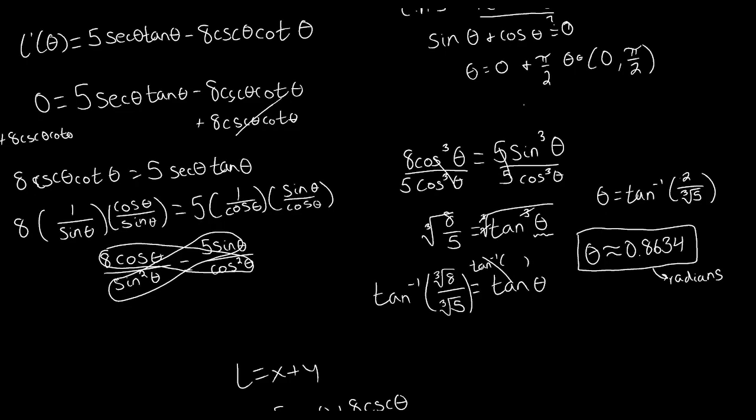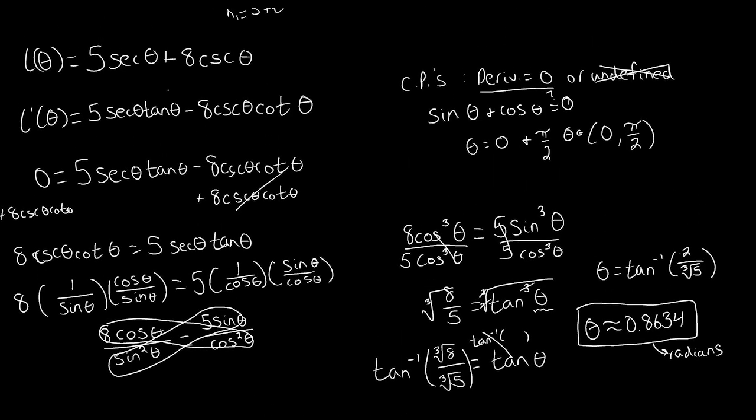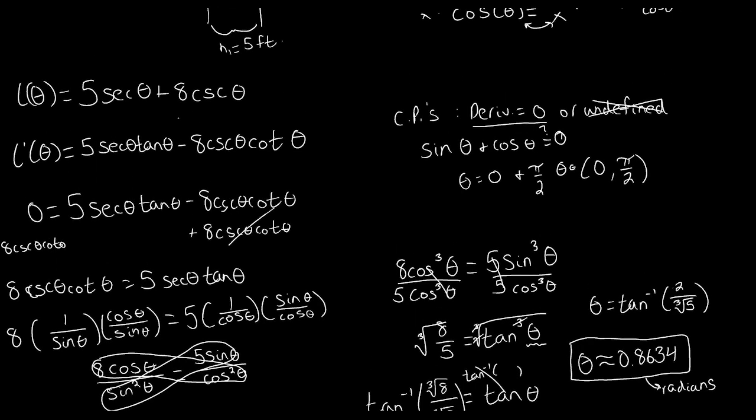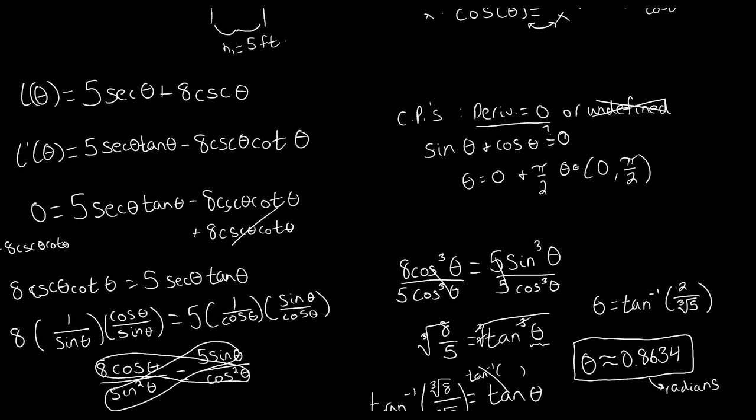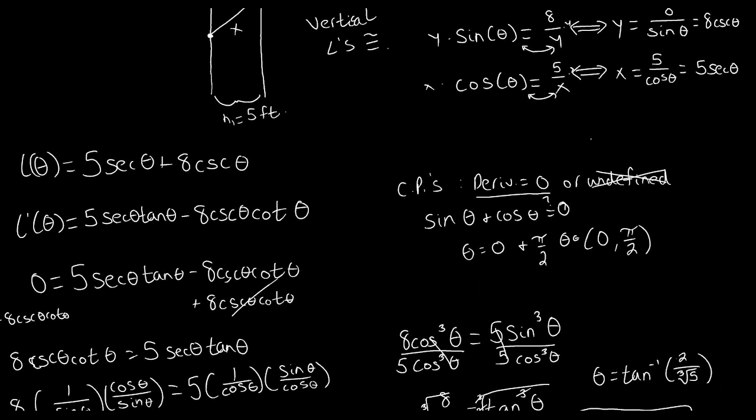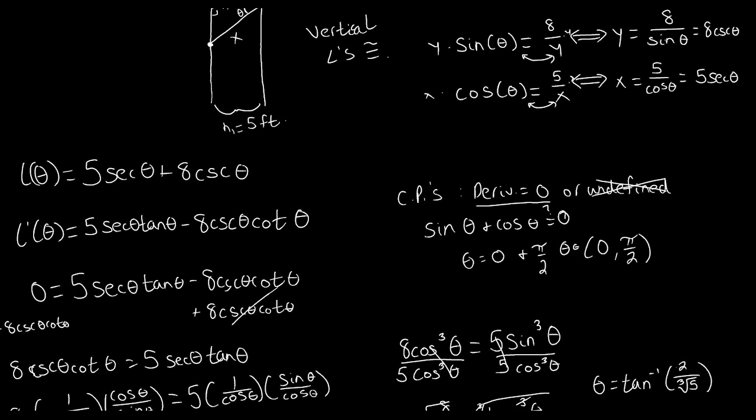That did end up making the derivative an undefined value, right? If we plugged 0 or pi over 2 into this derivative, it would return an undefined value. But we didn't want that, because even if this derivative evaluated to be undefined, what happens if we plug theta equals 0 or pi over 2 into this form of x and y?